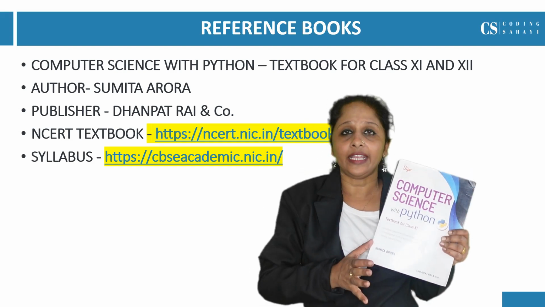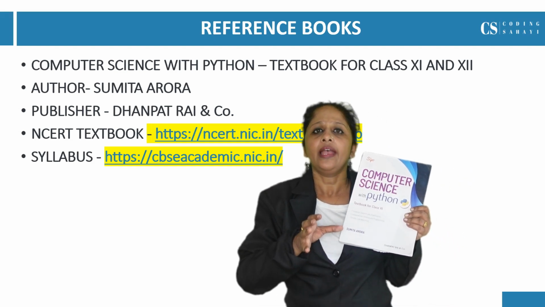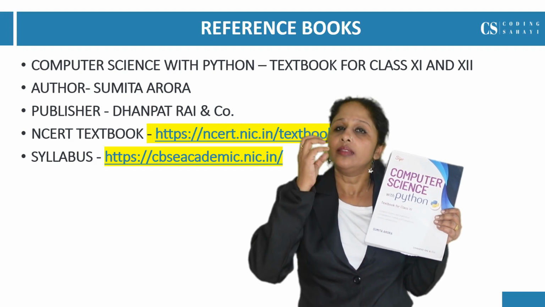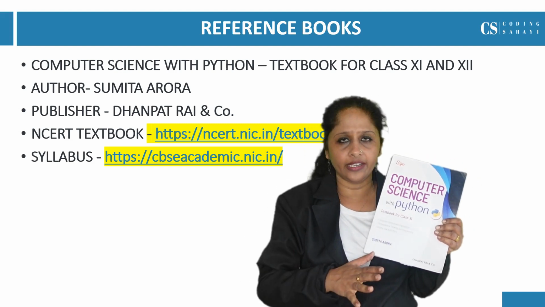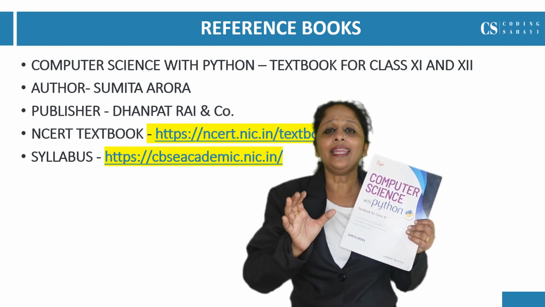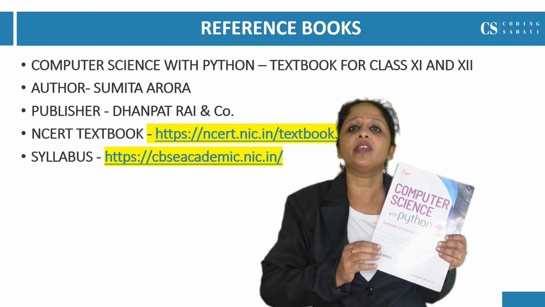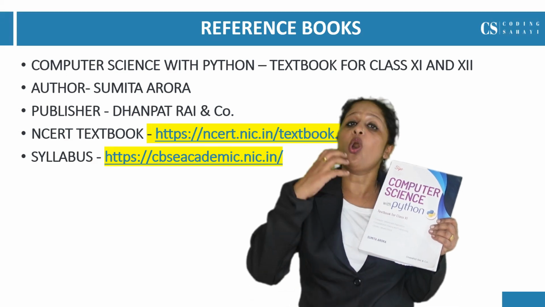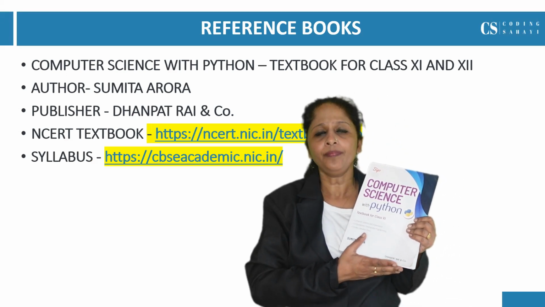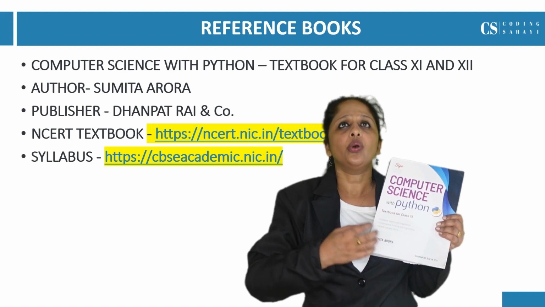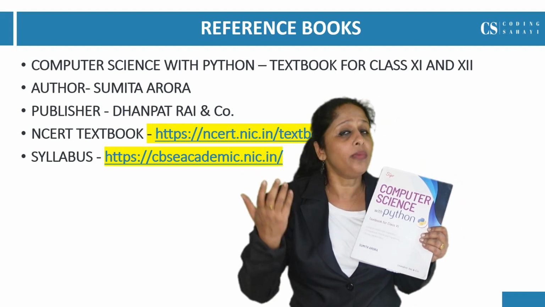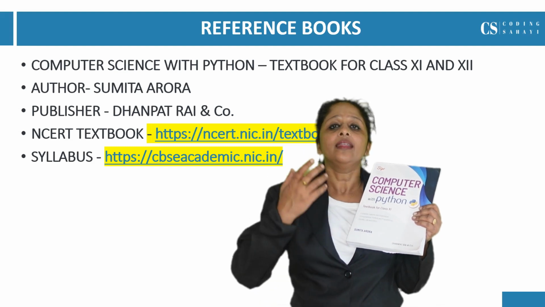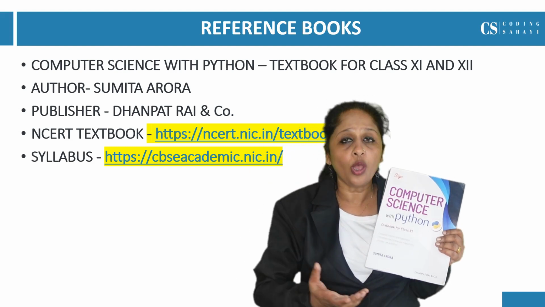Each chapter contains a detailed description, not only for Python, the complete curriculum is covered here. The highlight is that after each chapter, many examples are solved. Solved and unsolved problems are there. After each chapter there are many multiple choice questions, short answers, and long answers.